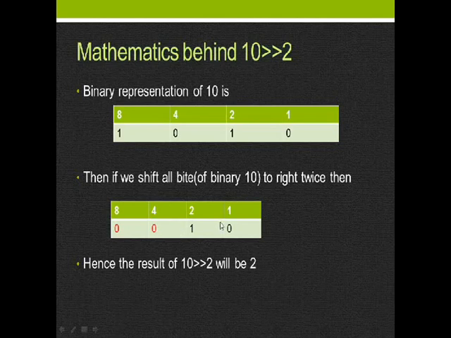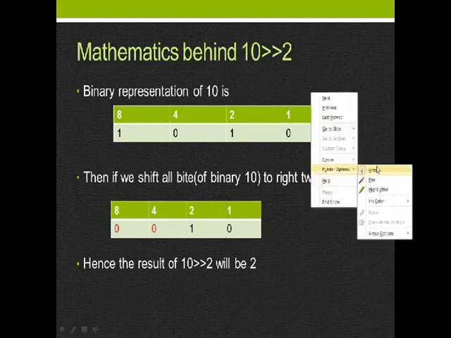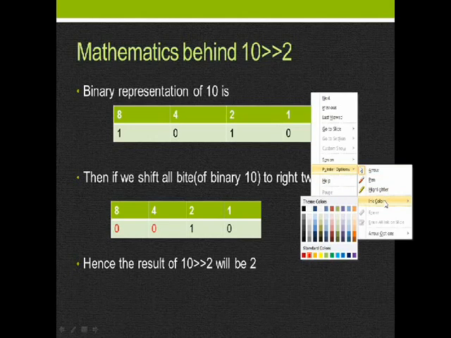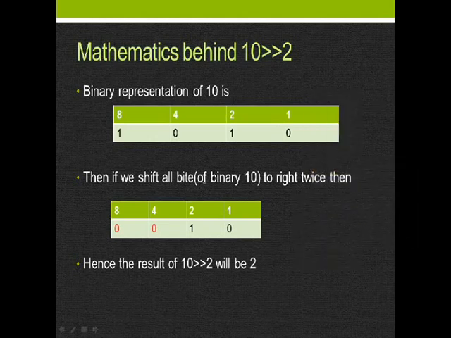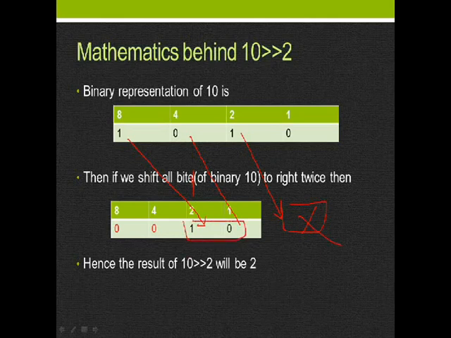It will be shifted to the right by 2 places. Now how will it happen? This bit will come here, this will come here, and here it was supposed to come, but there is no position, so the value will be this binary form, that is 2.